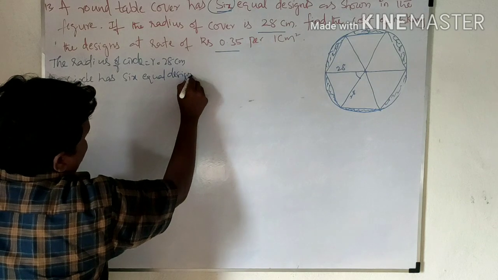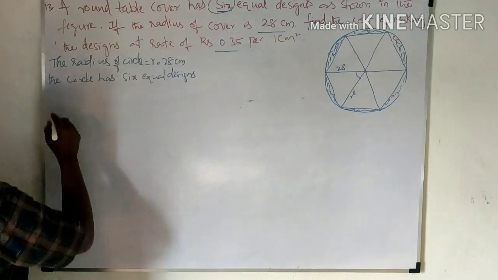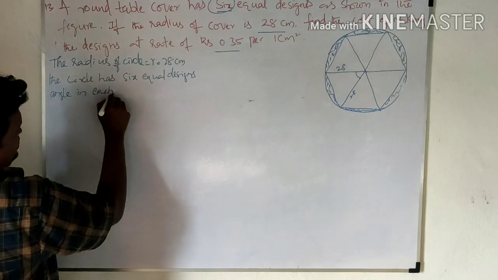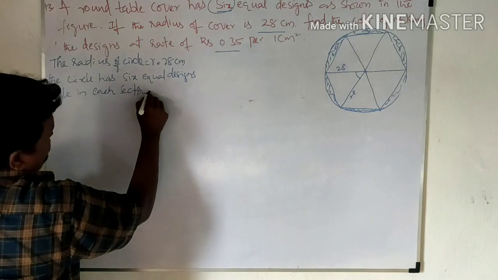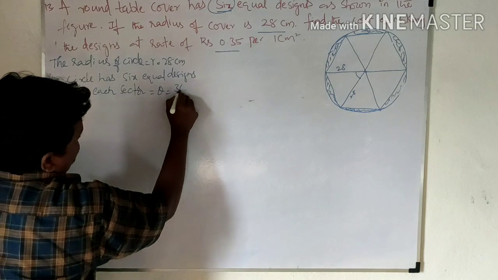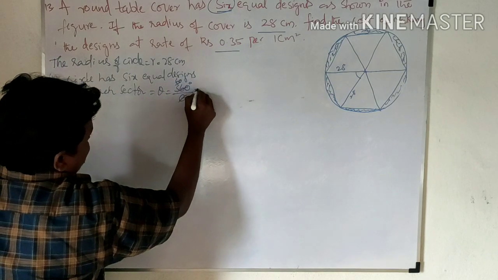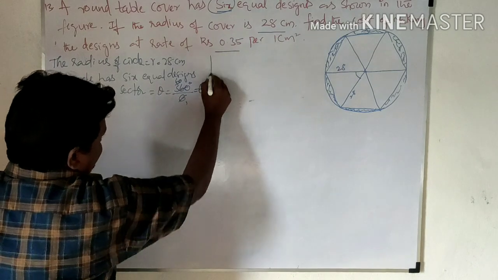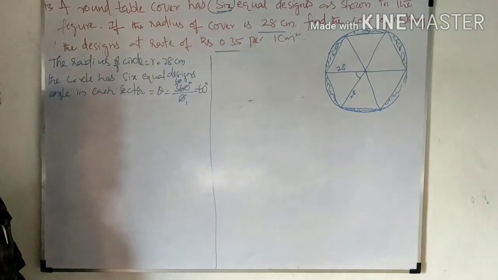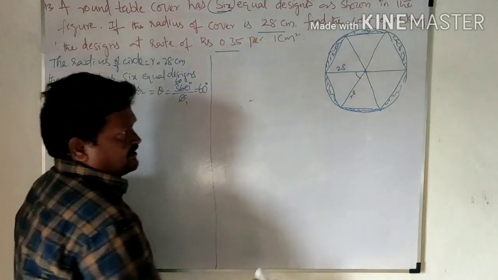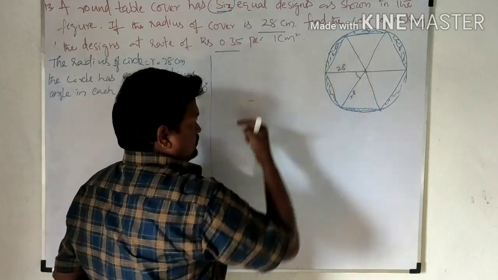So the angle in each sector is theta equal to 360 by 6, that is equal to 60 degrees.